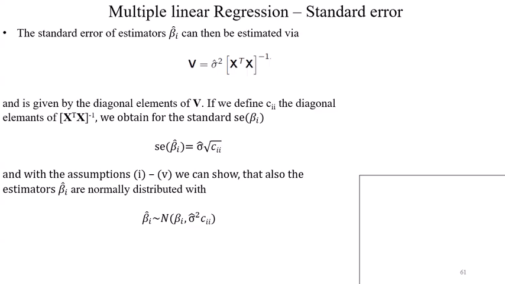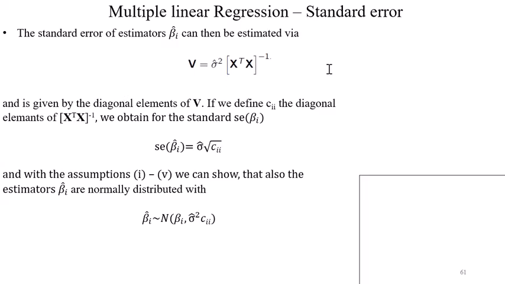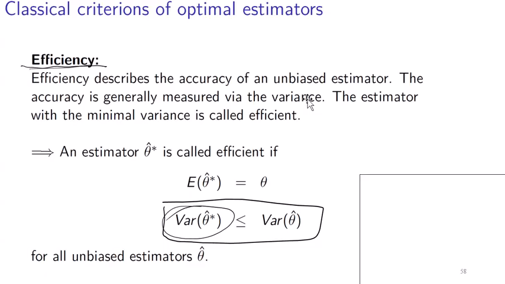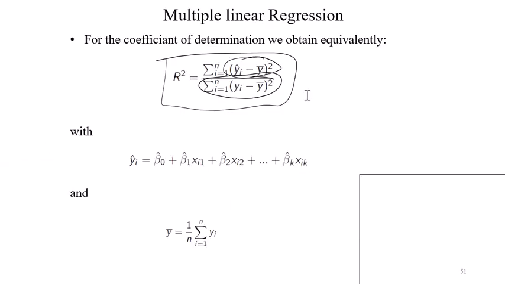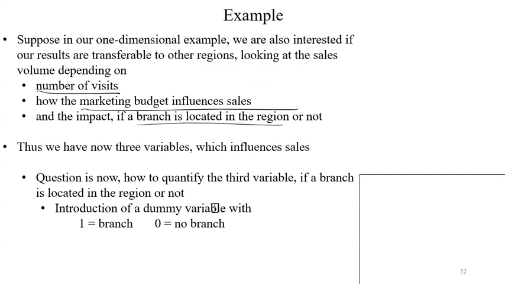Since we have assumed that all single errors should have the same variance, we can take out this variance, just multiplied by this inverse of X transpose times X. Remember, we had derived this from our calculation of the error via this matrix multiplication.